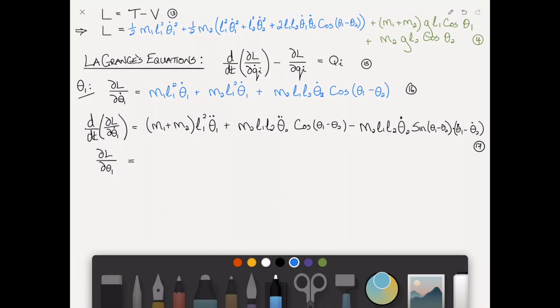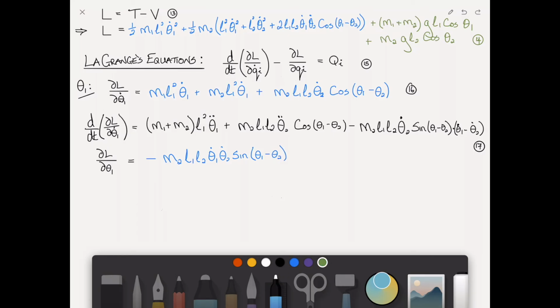Okay, and then we take the partial of L with respect to just theta 1. Again, using the colors, trying to preserve the colors, what survives is, let me write it out and then we'll talk about it. It's minus m2 L1 L2 theta 1 dot theta 2 dot sine of theta 1 minus theta 2.